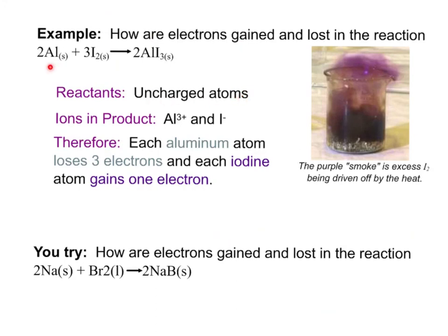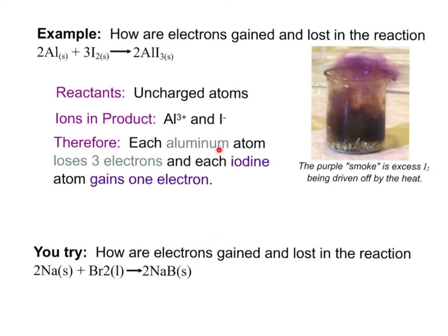We have aluminum atoms and iodine atoms, and they are not charged. But in the product, we do have ions present. We have a +3 charge on our aluminum, and we also have -1 charges on each of those iodine ions.